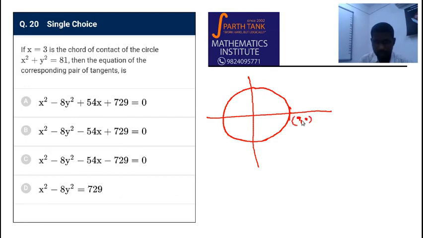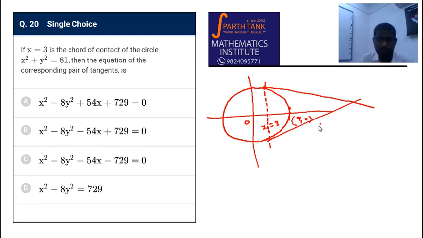Center is the origin. Now x is equal to 3 is the chord of contact. So imagine I have x is equal to 3 somewhere here. This would intersect the circle at 2 points, and this would give me possibility to get 2 tangents.